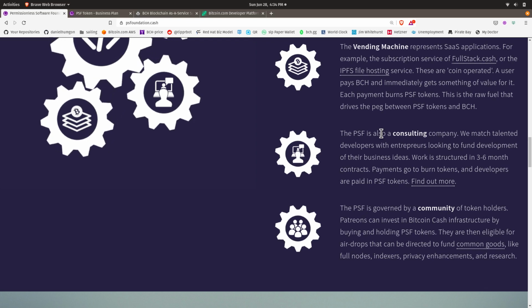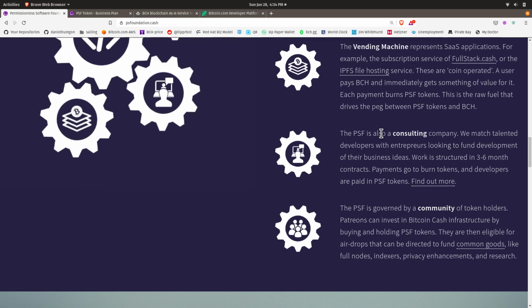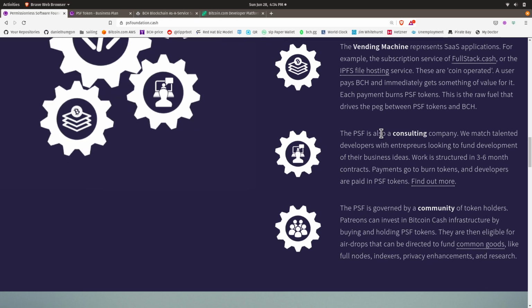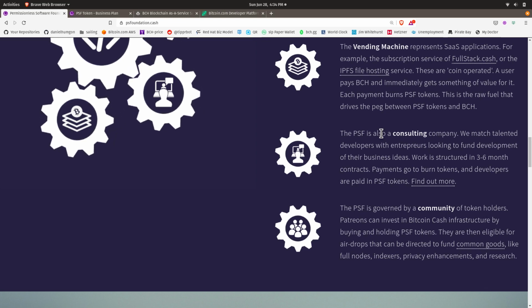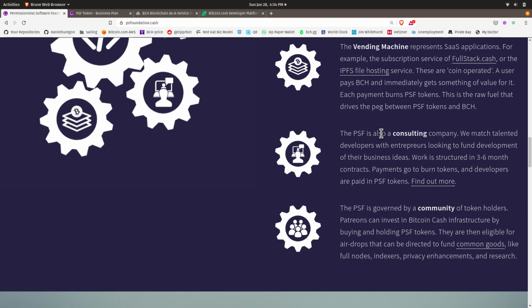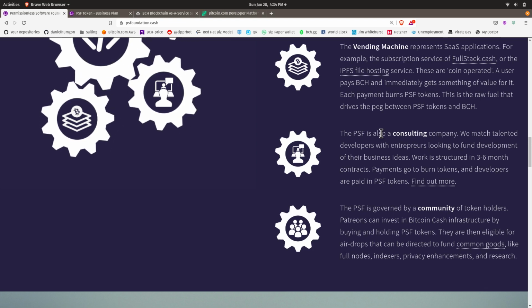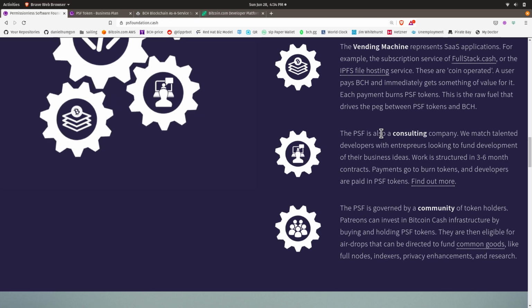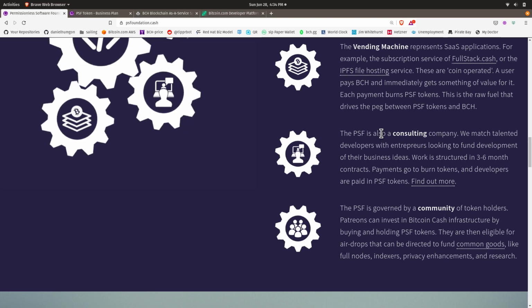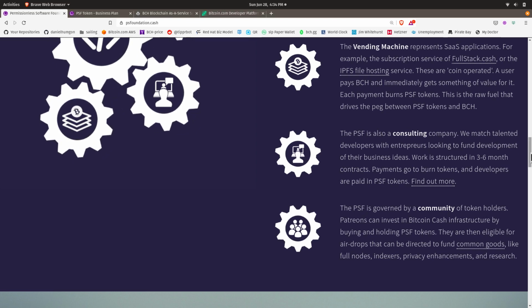And so these two facets are critical for increasing the price of the token and making this token valuable, and getting that peg established to the Bitcoin Cash, that 200 token per Bitcoin Cash peg that I had mentioned earlier.